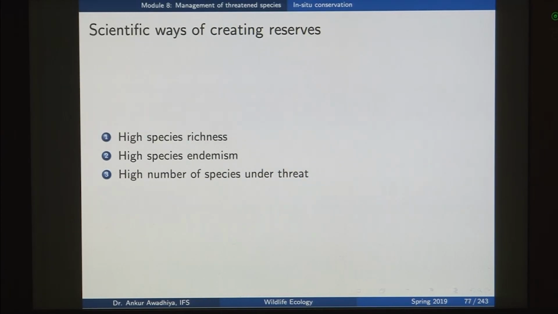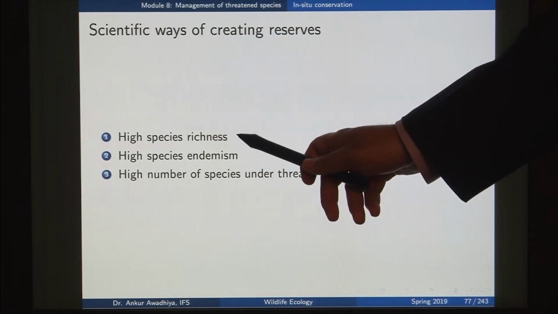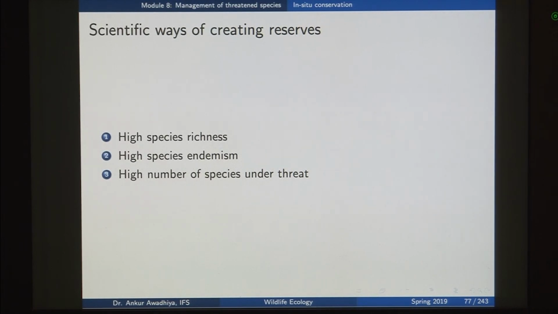So, now we will look at the scientific ways of creating reserves. Scientifically or biologically, we can say that we should have reserves in those areas that have high species richness, because in that case when you construct a reserve, you will be conserving a large number of species automatically.